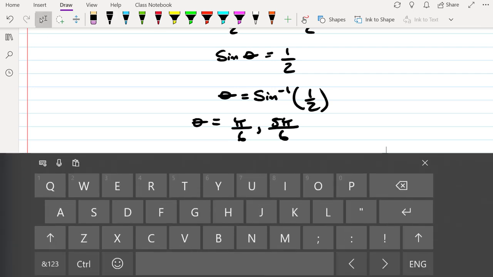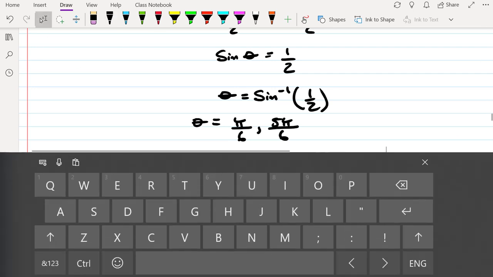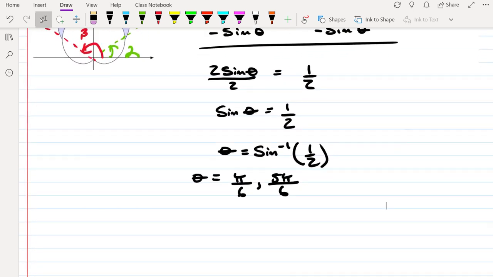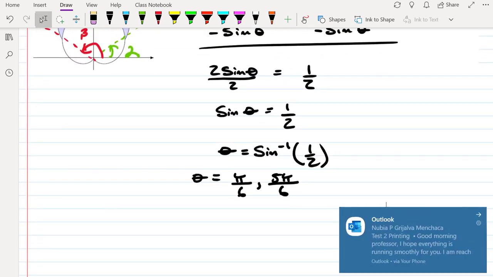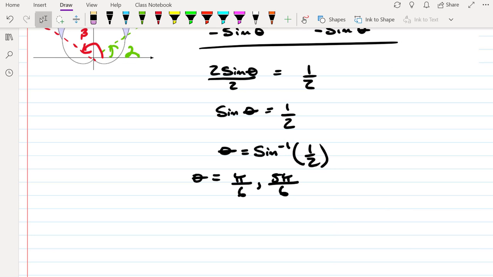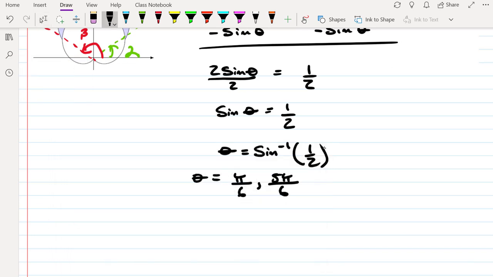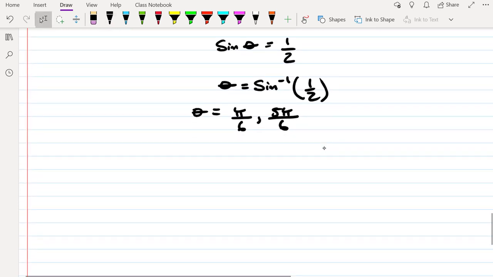And each of these would have other solutions as well, but we're only interested in these two positive ones.